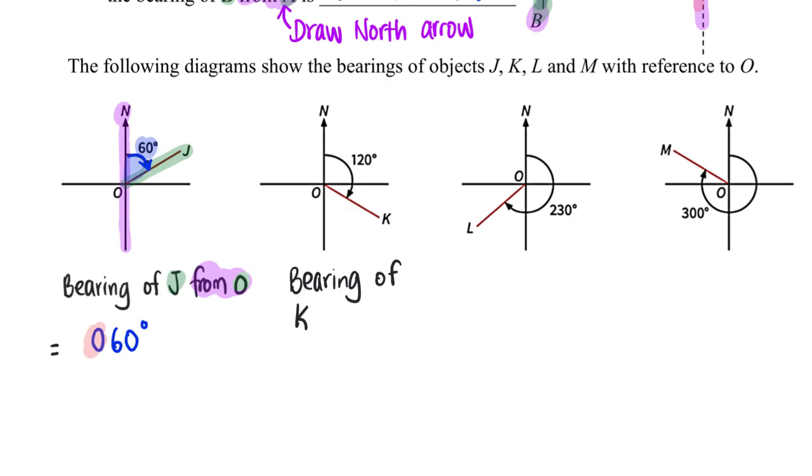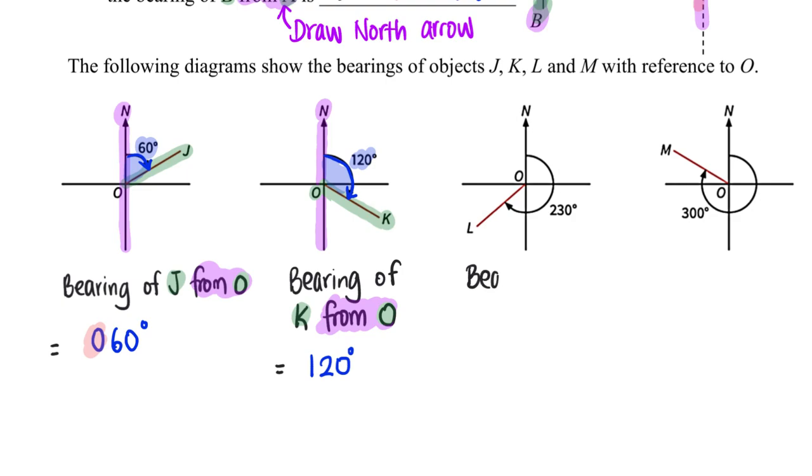Bearing of K from O. As you can see, we are going to repeat this. From O means the north arrow is going to be at O. O and K will be the ending line. Starting from the north arrow, we draw an arrow to the ending line. This angle here will be my bearing of K from O. In this case, it's 120 degrees, already in 3 digits. That will be the answer.